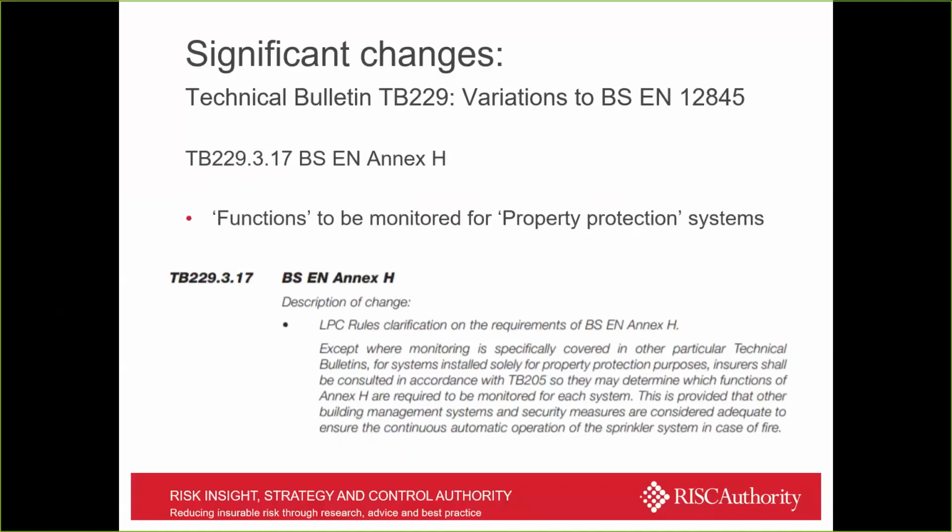And this is, again, just to reinforce the fact that although Annex H requires monitoring under BS EN 12845, if the system is installed for property protection purposes, then the insurers recognise that there's a significant cost of electrically monitoring all the valves, and if you've got other systems such as particular site security or management controls, which mean that there's reliability on the efficacy of the system without having electrical monitoring of the valves, then they're not going to require electrical monitoring as a universal requirement on every system.